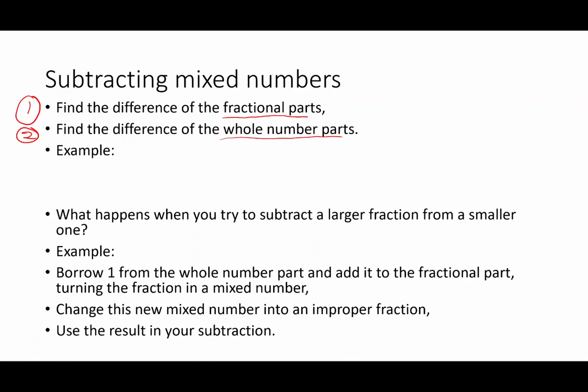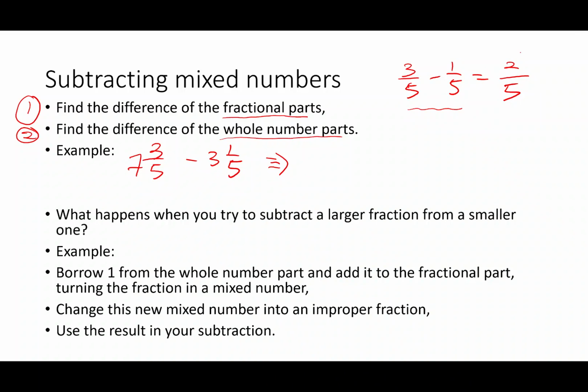So for example, if we have 7 3 over 5 minus 3 1 over 5. By step 1 we will work on the fractional part, 3 over 5 minus 1 over 5. Because the denominators are similar, straight away the answer of the numerator will be 3 minus 1, which gives us 2.